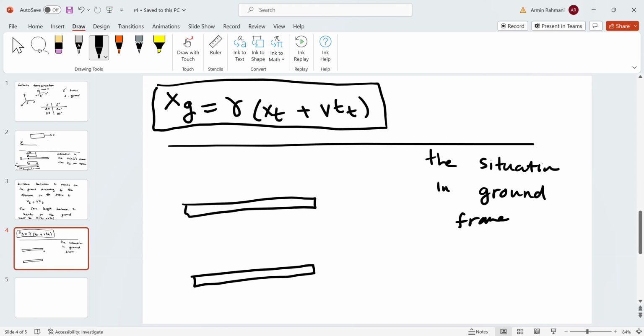Then we have a train. We have this paint bomb exploding, leaving a mark here. And then the train is moving to the right. So then it's going to be over here when the second paint bomb goes off. Okay. So that's the situation on the ground.